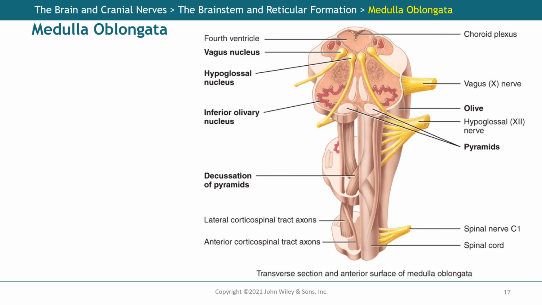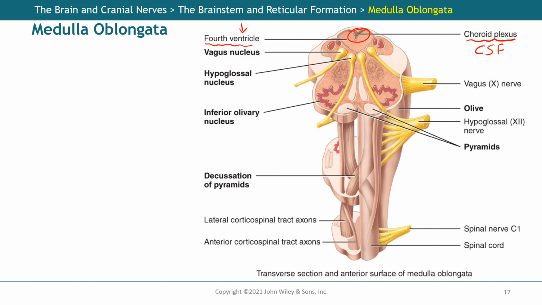So here we have all the names on the diagrams, and more than telling you that you need to remember all of this information, what I wanted to show you is that I already gave you the basis to understand what is happening here. So for example, here you have the fourth ventricle. We already studied what ventricles are, and they are filled with the cerebrospinal fluid, and here you have the structure that produces the cerebrospinal fluid, that is the choroid plexus.